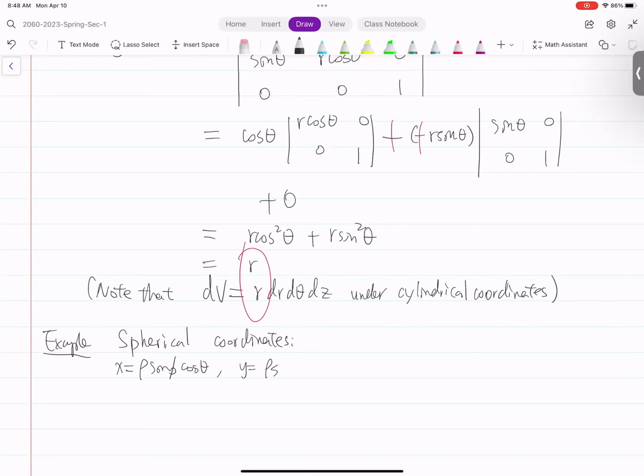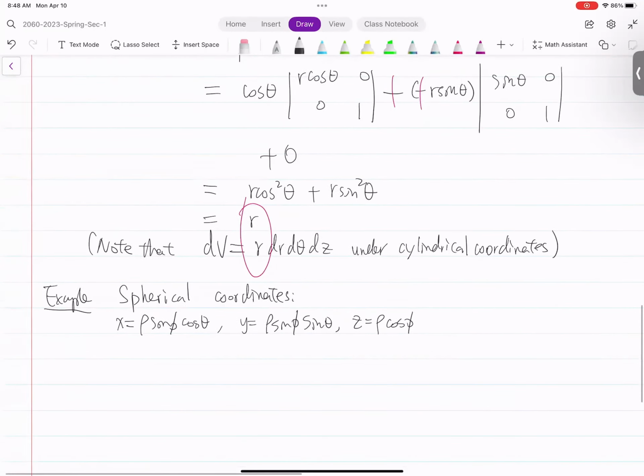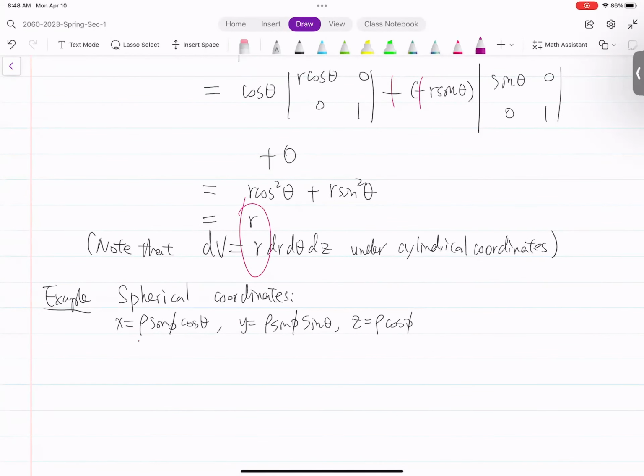Y is rho sine phi sine theta, and z is rho cosine phi. If you're looking at the system, it definitely is a little bit more complicated, but still we have a univariate function, another one, and another one. So it's going to be the same process.